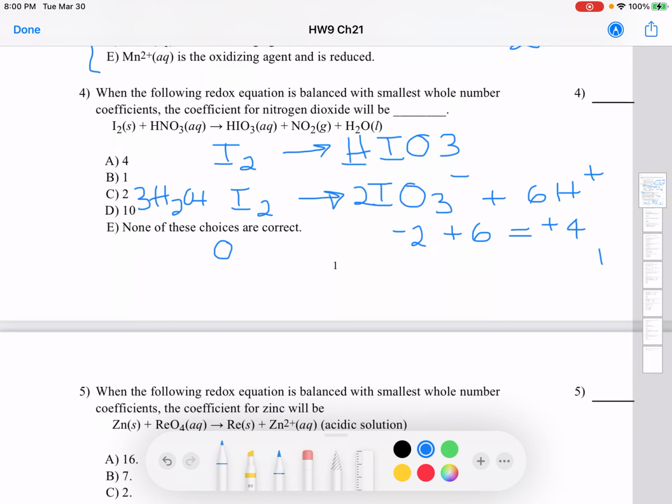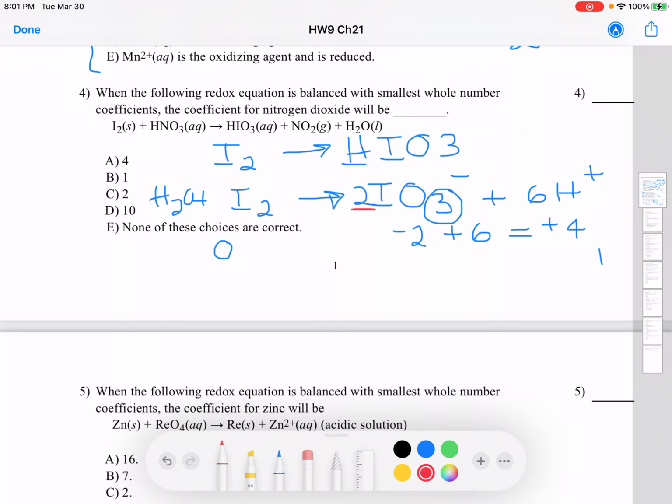Okay, I think I made a little mistake over here. When I was counting the oxygen, I only considered these 3, but actually we have 2 at the front. So 2 times 3 is 6. I should be doing 6 water instead of 3. Do you see the mistake I made? When I was balancing oxygen atoms, I only considered these 3 that I have circled, but it is 2 IO3 minus.